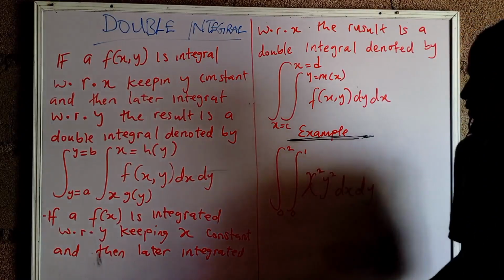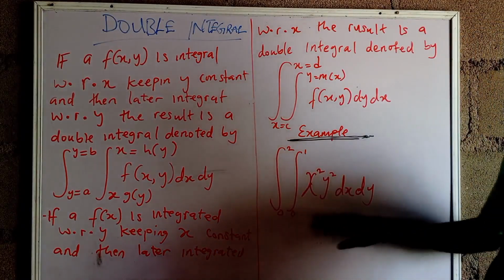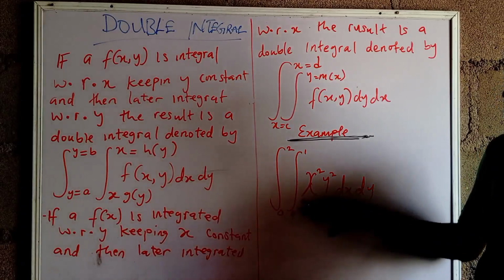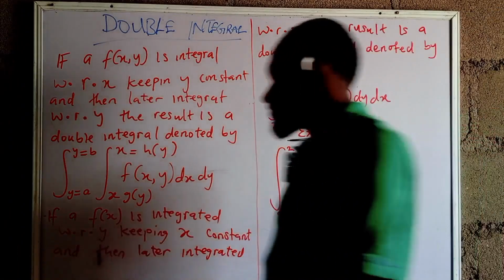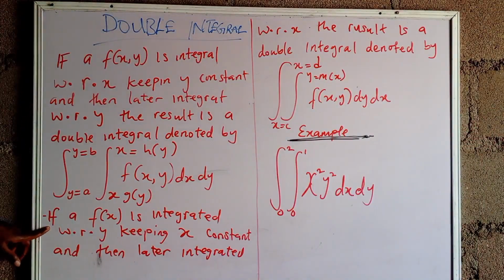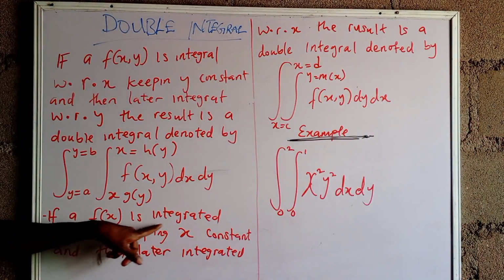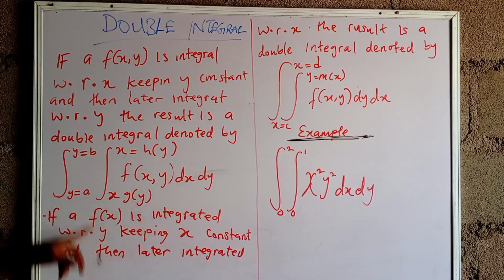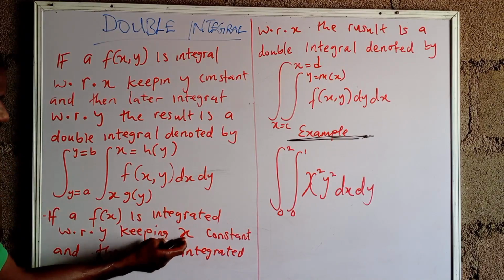Most of the time, if you look at the question, as in this example, there are limits in the double integral. If f of x is integrated with respect to y, you keep x constant.